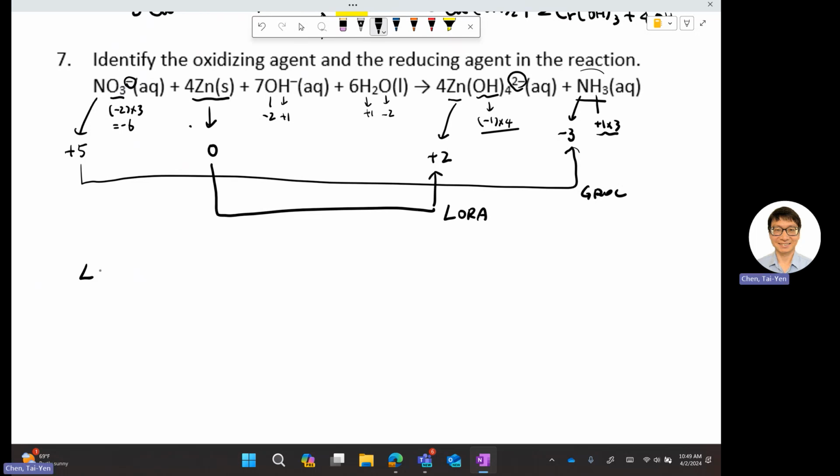Okay, so you know your LEO is your zinc, going from zinc to Zn(OH)4 2 minus. Your GER will be your NO3 minus becoming NH3.